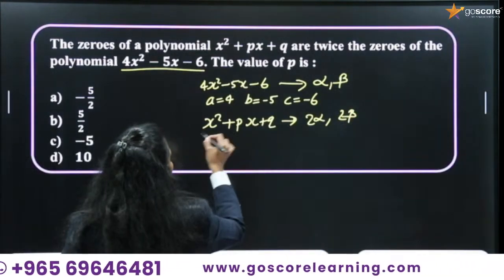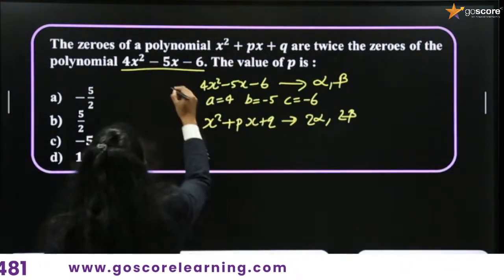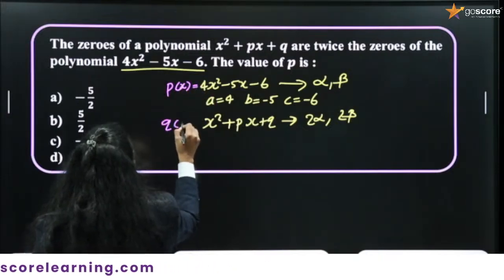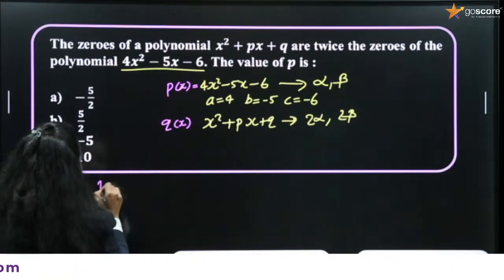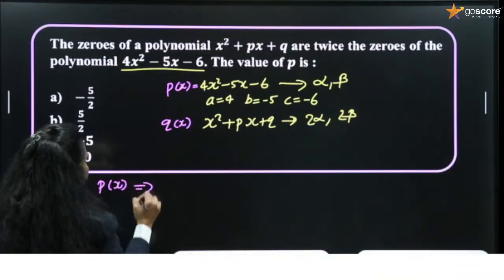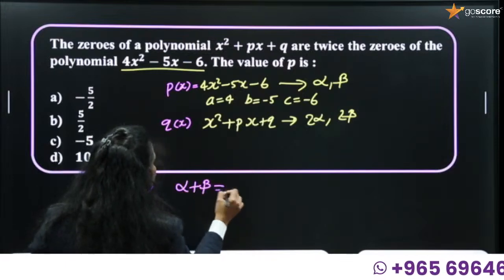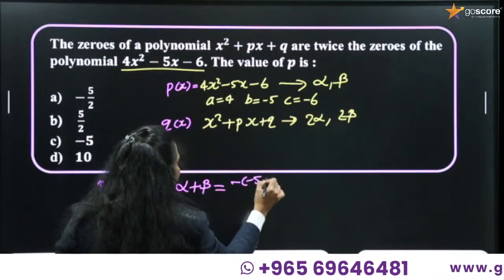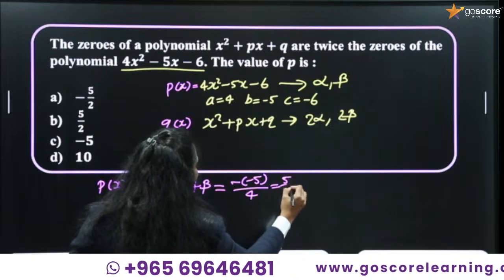Now, from the first polynomial, that will be p of x. Okay, I am going to name it as p of x, and this one is q of x. Okay, from the first polynomial, from p of x, we will get the sum of the zeros alpha plus beta is equal to minus b by a, means minus of minus 5 divided by a is 4, that is 5 by 4.